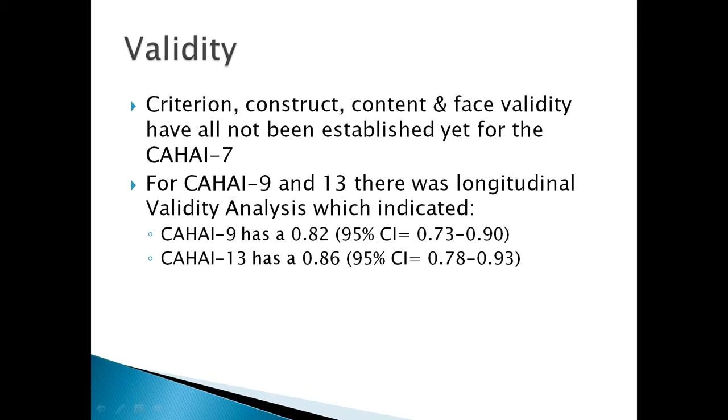Validity for the version 7 of the Chedoke has not yet been established. However, versions 9 and 13 have both received excellent scores of .82 for version 9 and .86 for version 13.